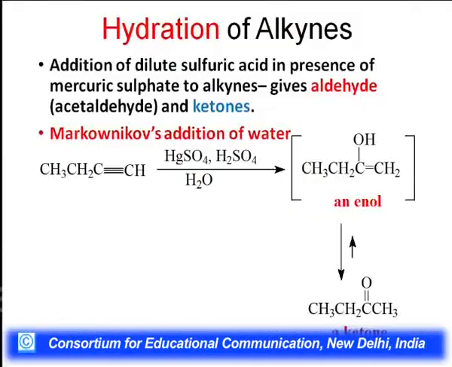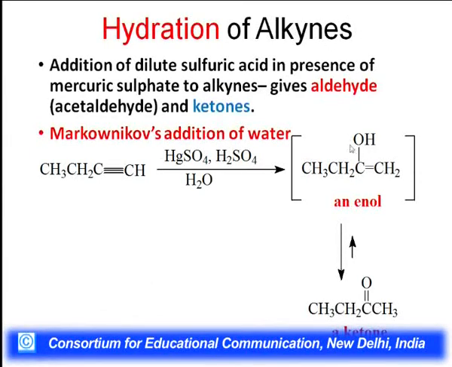So when we talk of preparation of aldehydes and ketones, they can be prepared from alkynes. The first method is by mercuration, demercuration. Please remember, when we do this reaction, the overall reaction is anti-addition of water according to Markovnikov's rule, resulting in enol formation.